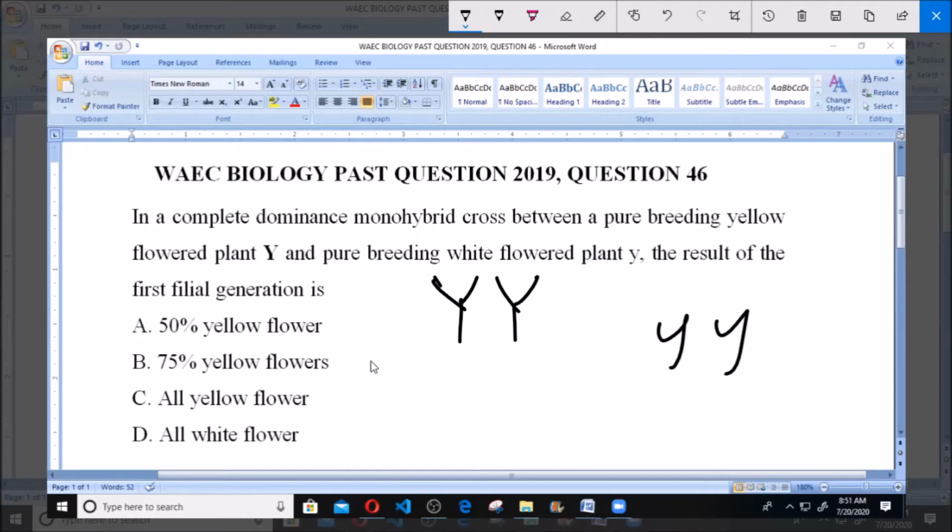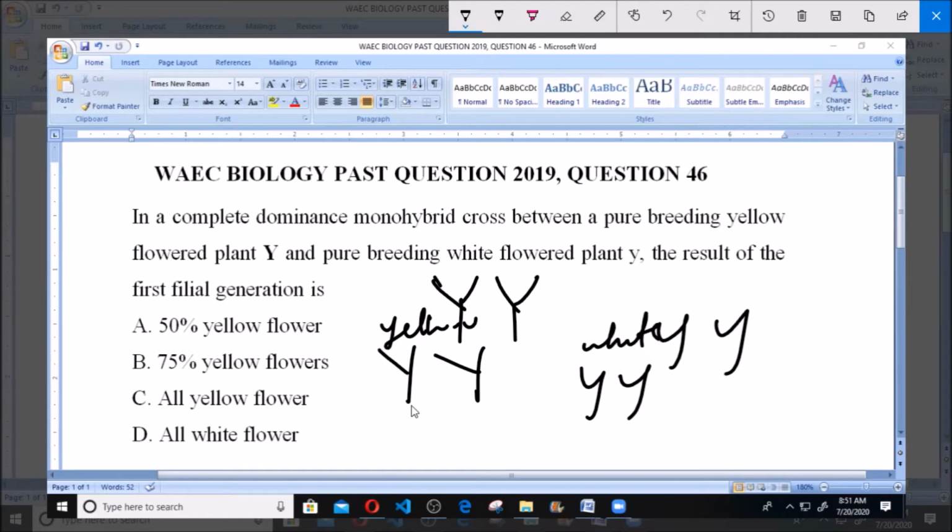Now the only way to know is to draw a cross diagram for this particular question, where you have capital Y, capital Y, representing the pure breeding yellow, and small y, small y, representing white.